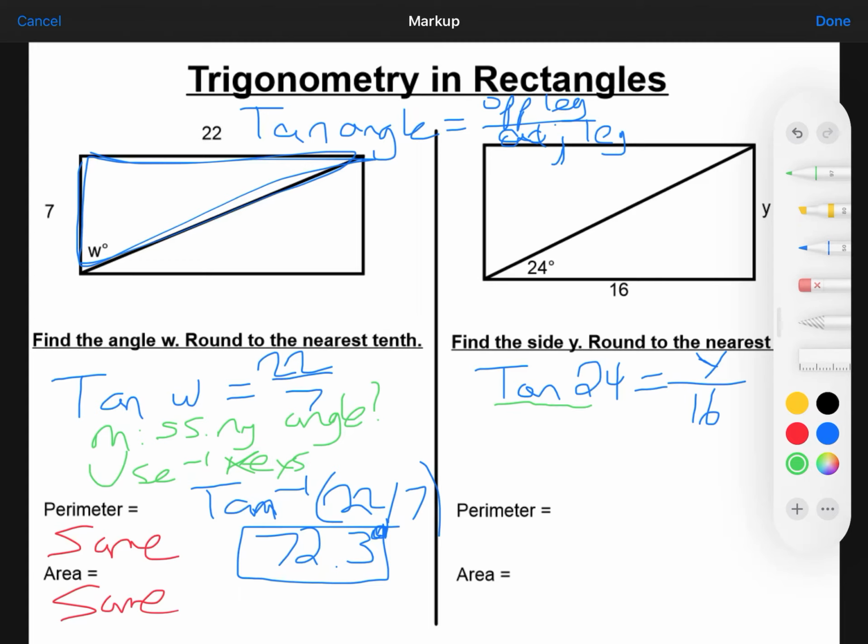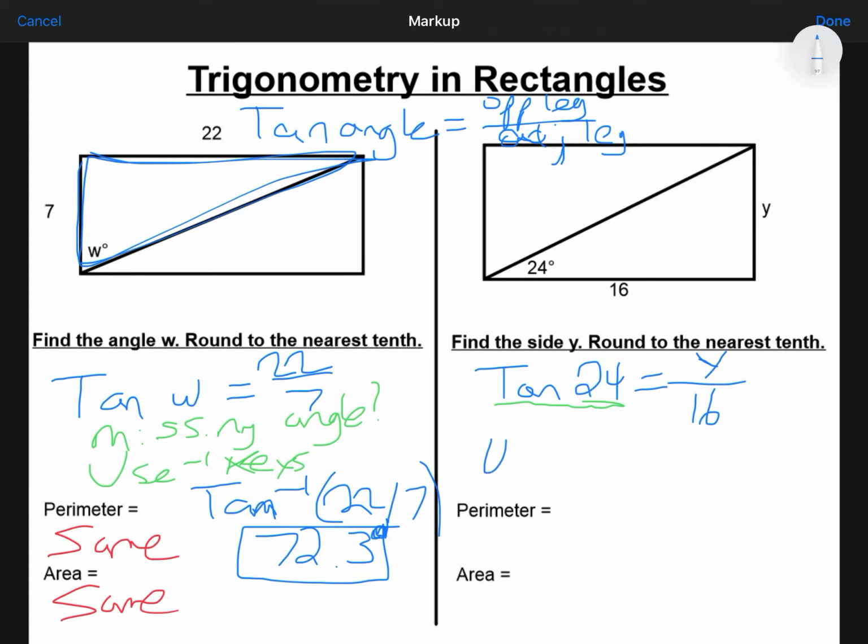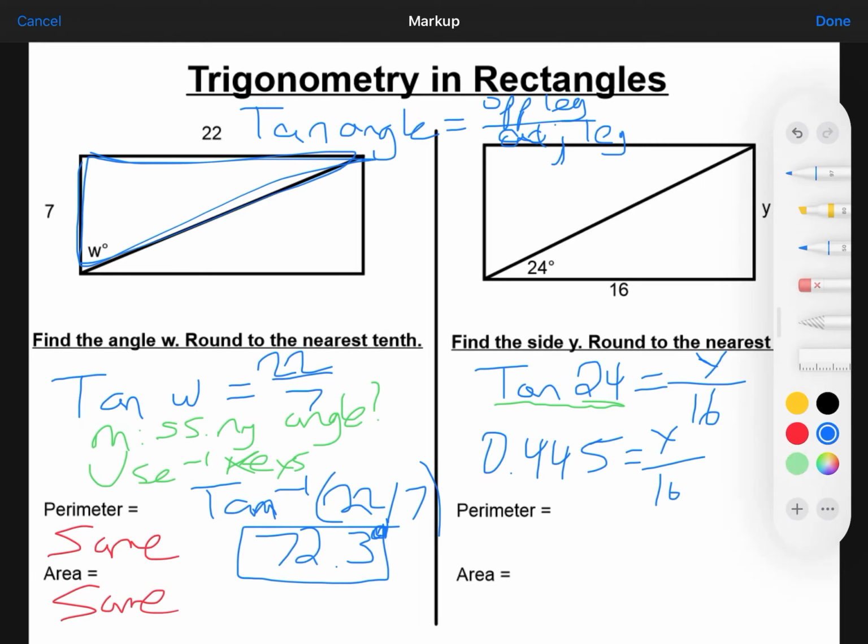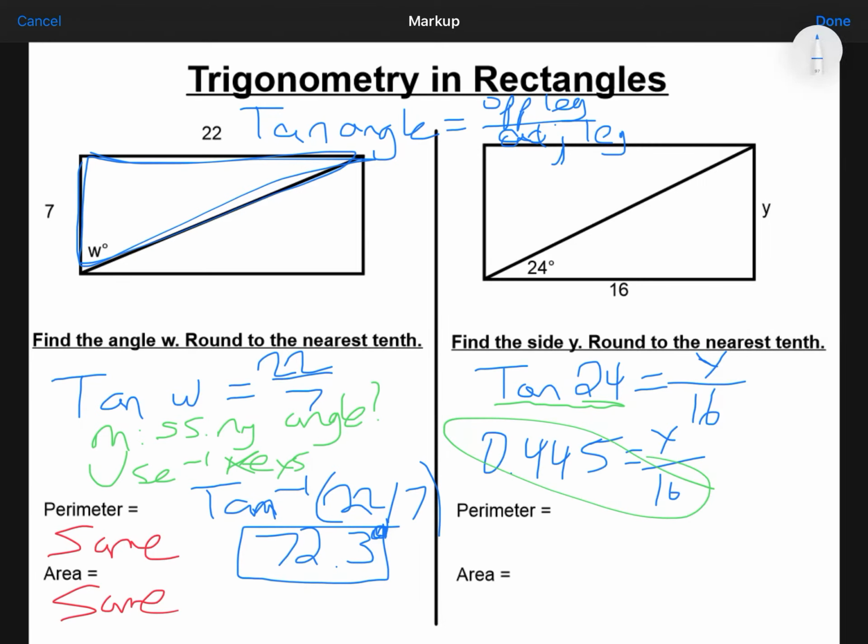The tangent of 24 degrees, according to the calculator, is 0.445. And then all you do to finish is cross multiply. 16 times 0.445 gives you 7.12.